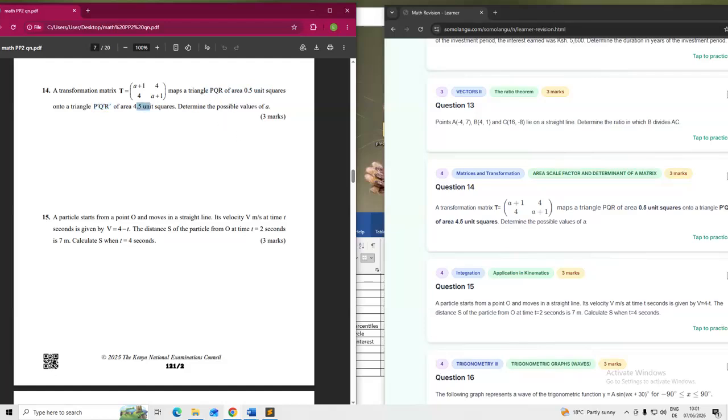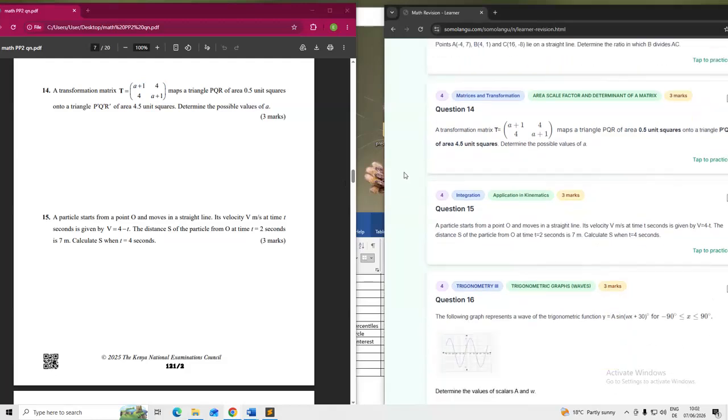We are expected to solve for the value of A in the matrix. According to Somolangu, this question tests the Form 4 topic Matrices and Transformation, and more specifically, area scale factor and the determinant of a matrix.